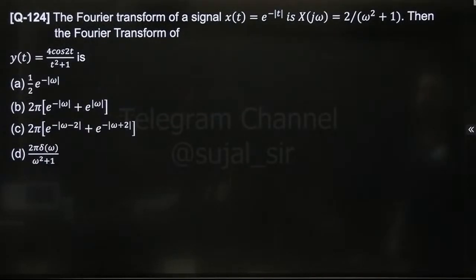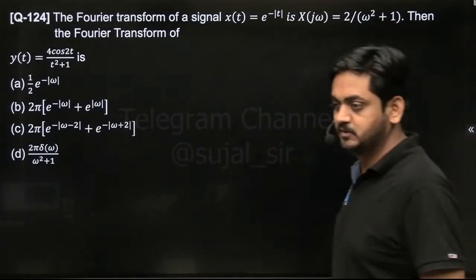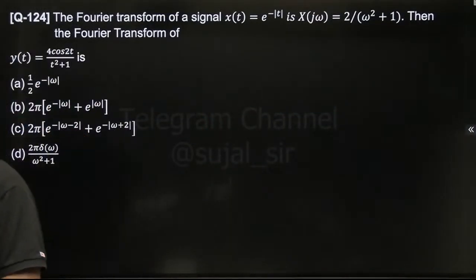This is given. Then the Fourier transform of y of t equal to 4 cos 2t upon t square plus 1. Very interesting question, guys.